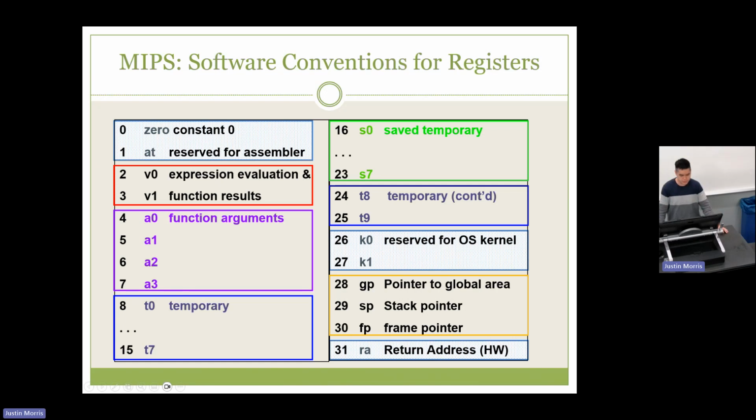And then your temporary registers are like your local variables that get created and consumed within the function. And then you also have saved temporary. And then you have more temporary registers after those. And these are reserved for the operating system. And then you have these other system variables like the stack pointer, the frame pointer, and then we have the return address for calling procedures.